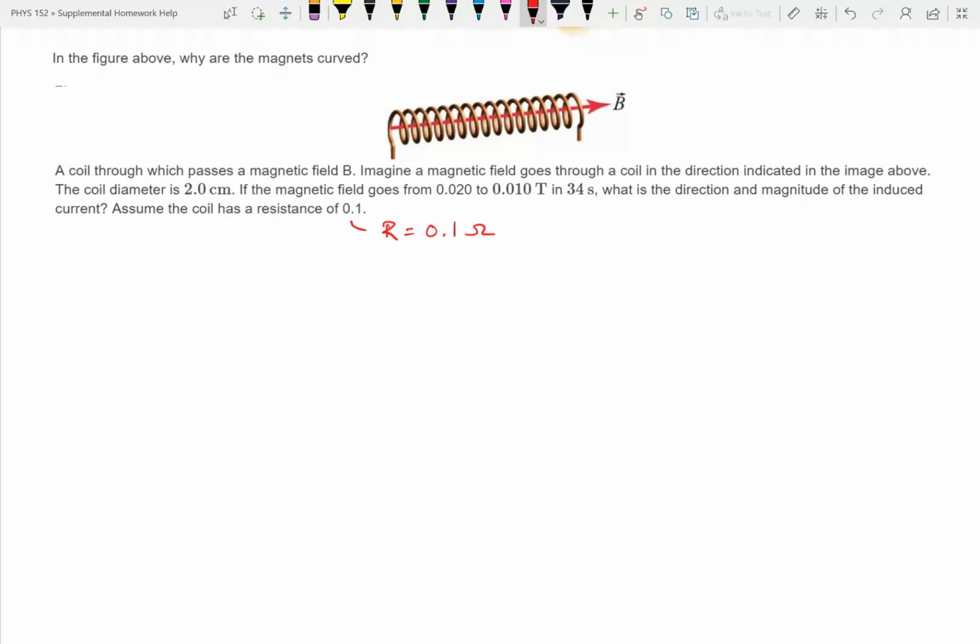Inductance? Or RI? No, that's self-inductance, I was thinking. Well, this is a self-inductance. A coil with a changing current makes a self-inductance.